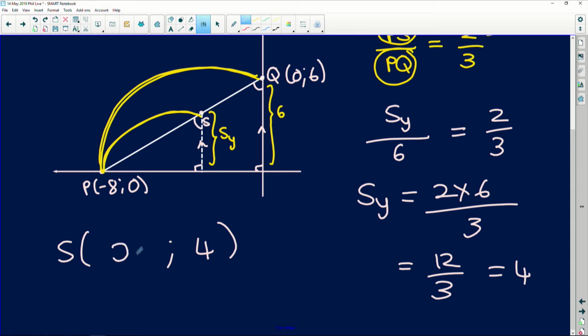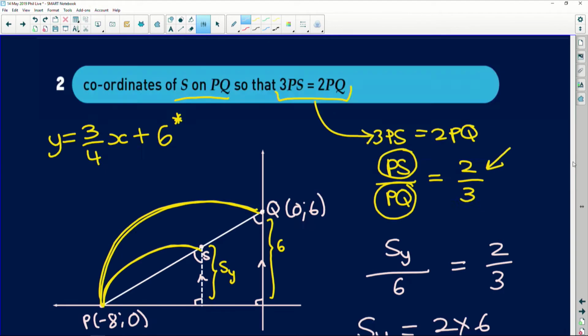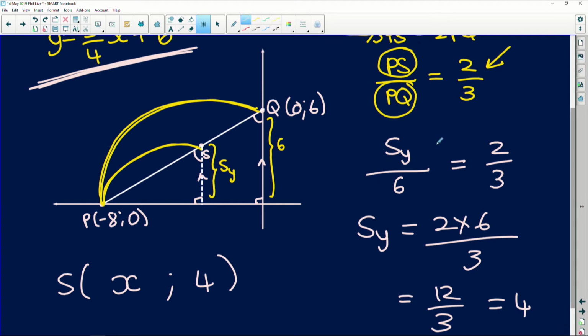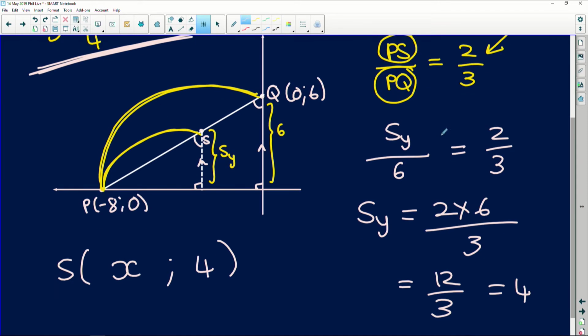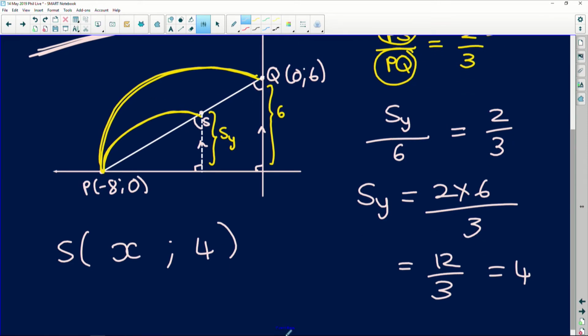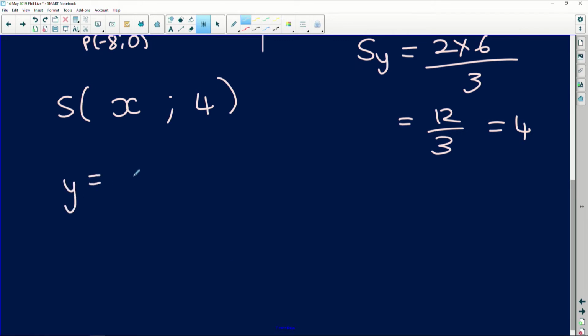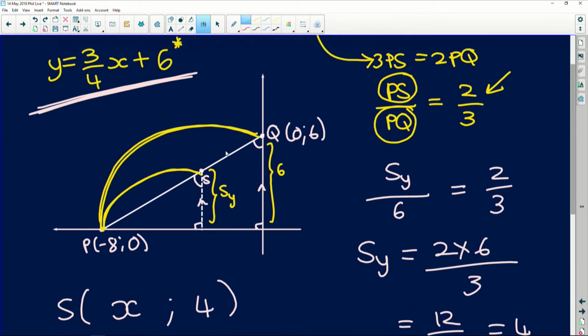Now we need to find the x value. That's why I made a point over here that it sits on this line. So we can now go and substitute that into the line. Well, we've got the y value, and we said that y is equal to 3/4 x plus 6. Double check that.